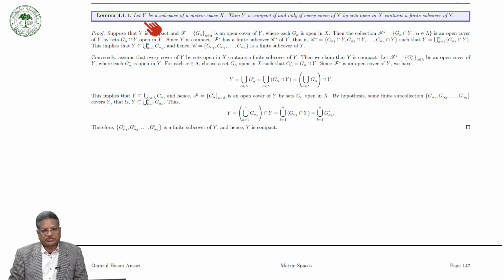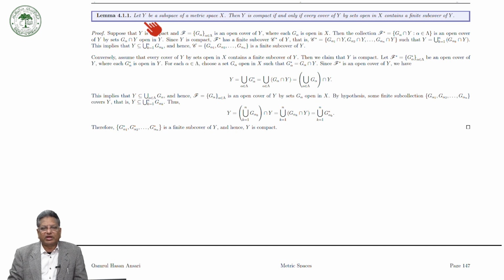Now this lemma says that Y is compact if and only if every open cover of Y by sets open in X, not necessarily in Y, contains a finite subcover of Y.